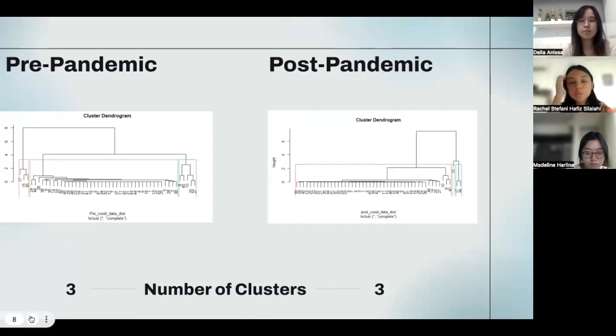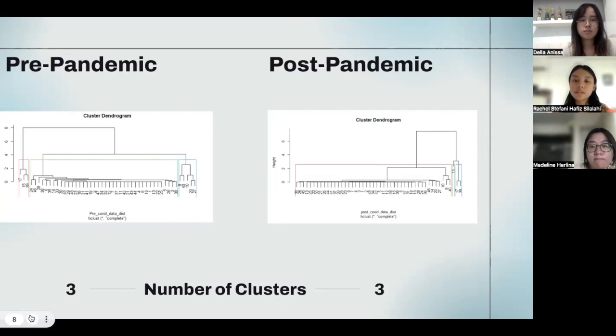And the dendrogram explains the relationship between the data: when they have a close relationship or good similarity, they will be clustered in one cluster. So there are 3 clusters here, as we can see. There are the red one, the green one, and also the blue one.